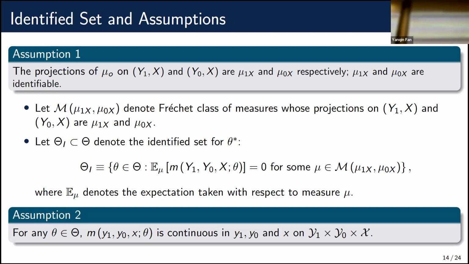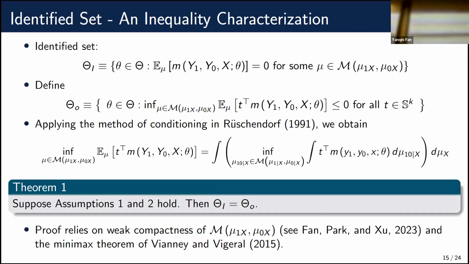Our second condition is also, I think, a basic assumption. We assume M is continuous in Y1, Y0, and X. Okay? So with these two assumptions, we can show that this identified set is the same as this new set we defined, theta O. If you look at this new set, the left-hand side is identifiable for any given theta from the sample information, right? Now, this in fact is a variation of optimal transport cost.